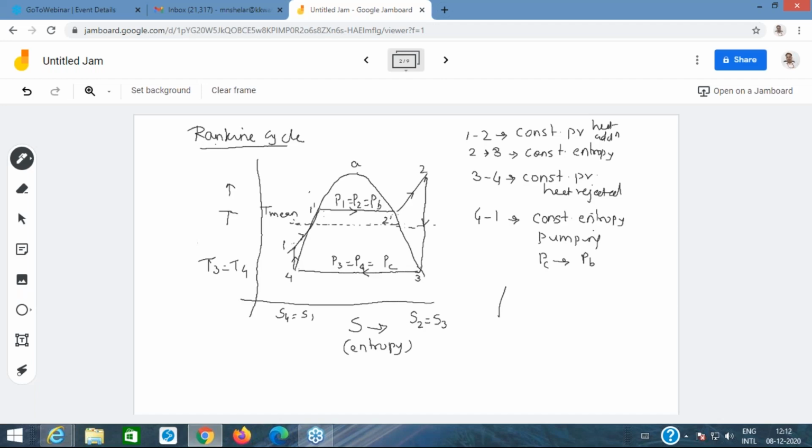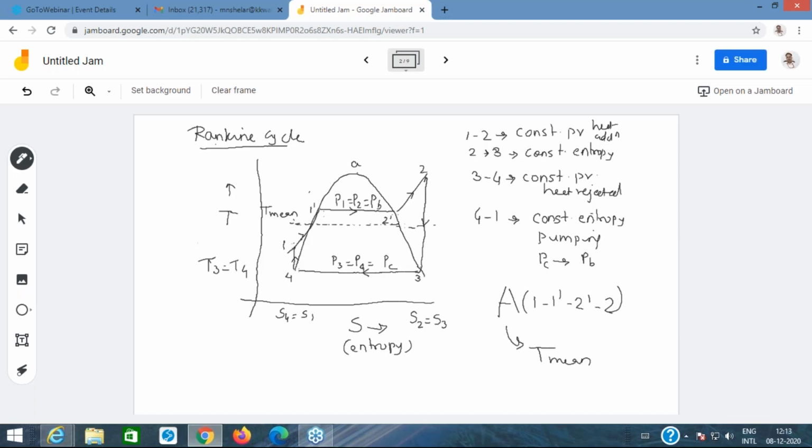So if I draw a constant temperature line such that the area under that line is the same as the area 1, 1 dash, 2 dash, 2, then that constant temperature line is called the mean temperature line.